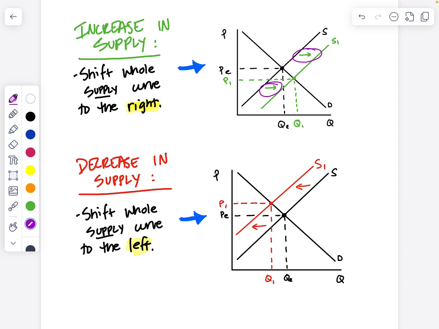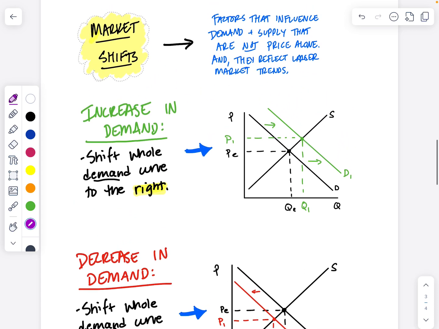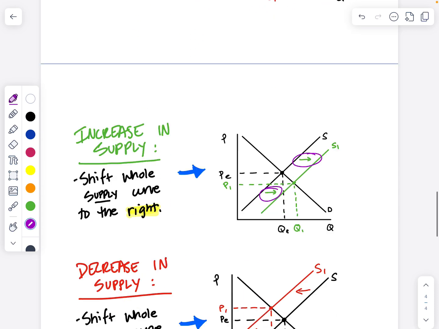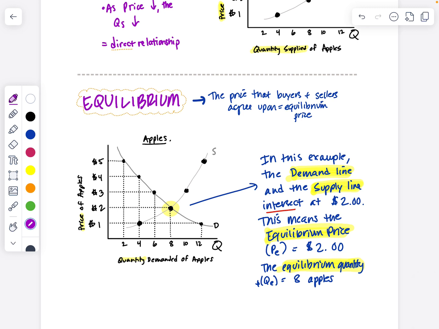So that is a video about the difference between individual and market, and also how we show these graphically, and the language that we use. So these market shifts are about shifting the entire curve. You notice that in these? Whereas individual demand and supply is about plotting specific points and not saying the demand increased or the demand decreased.